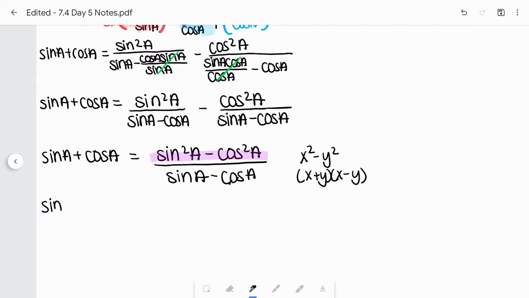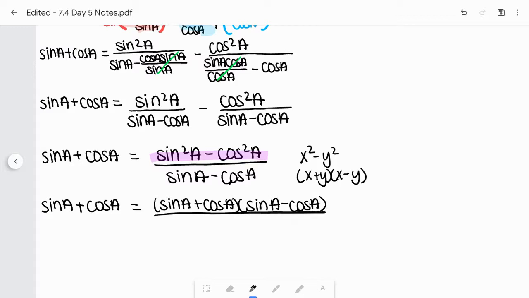My left-hand side stays the same. Now let's rewrite this as sine A plus cosine A times sine A minus cosine A. I still have my denominator of sine A minus cosine A.